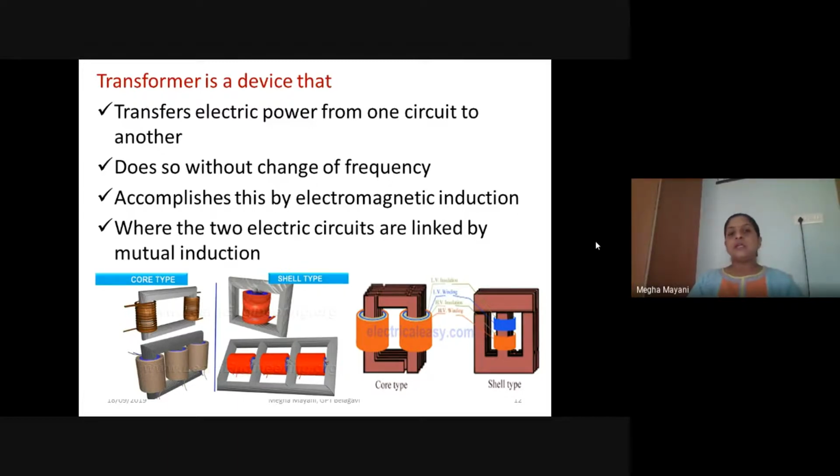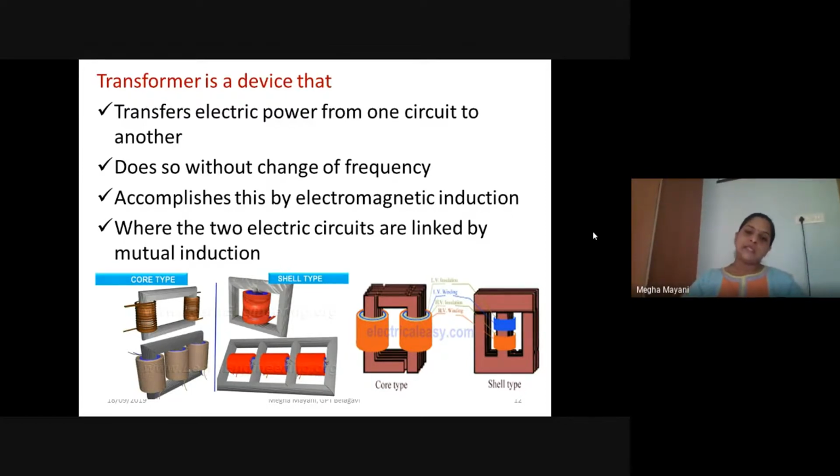These transformers do this job without any change of frequency. So you observe no change in the frequency, but the working principle is based on electromagnetic induction, and these two electric circuits are linked by mutual induction.